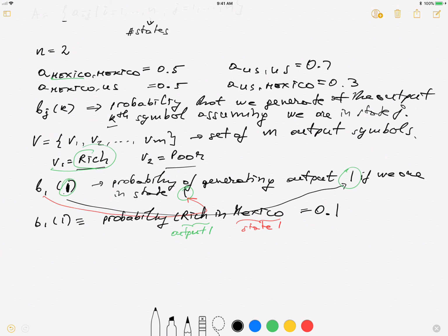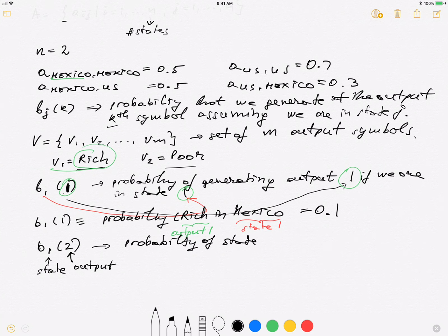What is B12? This index is the index of state, and this is the index of output. So this is the probability of state 1 generating output 2.